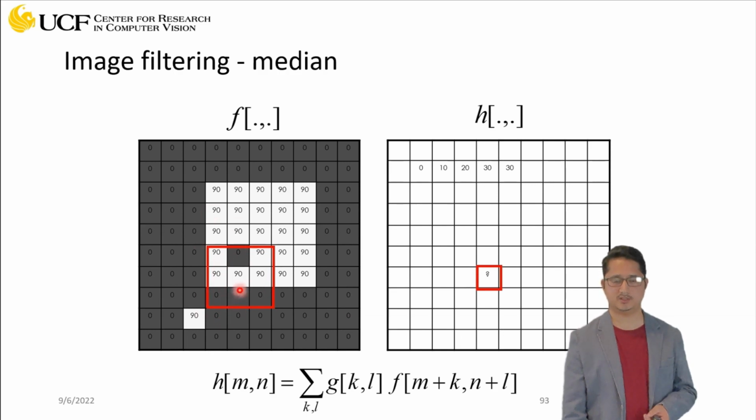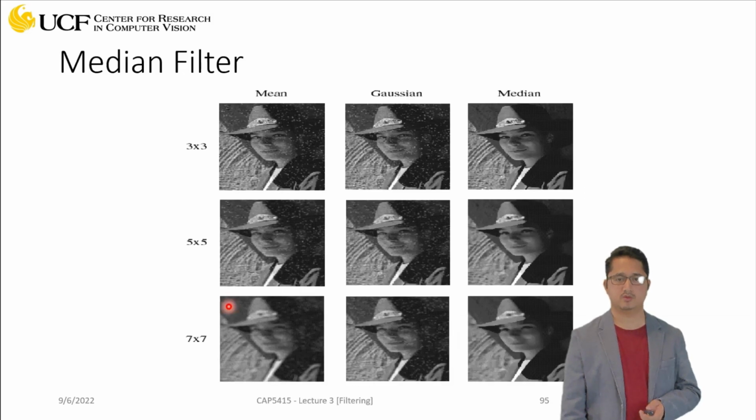We just have 0 and 90, and it will pick the median value. You can easily see that you have 4 pixels which are black and 5 pixels which are white. So definitely the white pixel is the median. The value will be 90 if you perform median filtering. Now, let's look at the example and try to understand why the median filter is better.